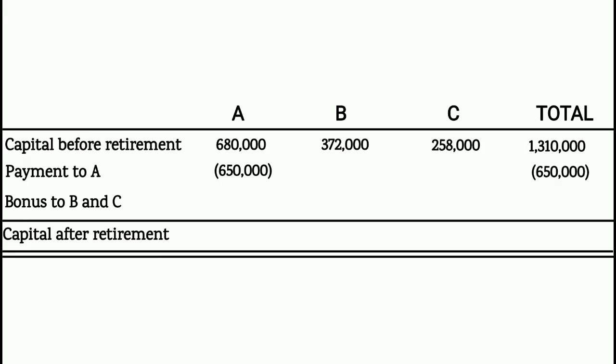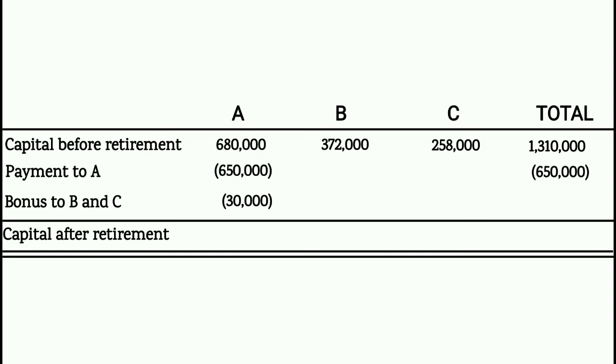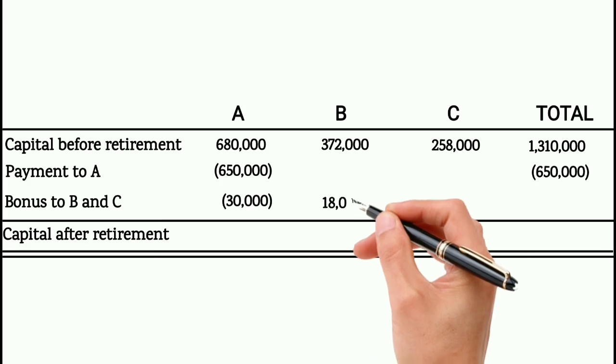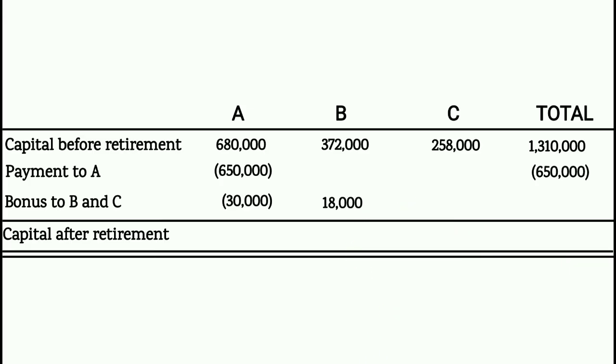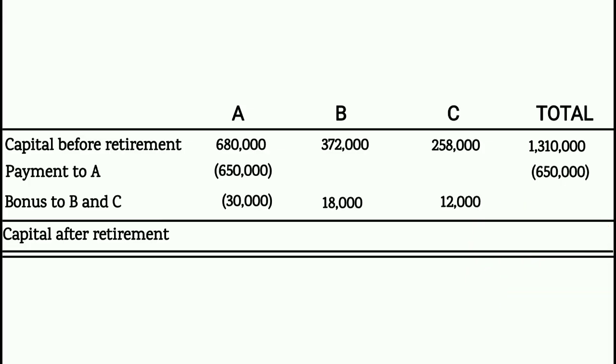May bonus to B and C, so i-deduct din natin yung 30,000 pesos sa capital ni A. Since credit natin yung 18,000 pesos kanina, i-add natin yan sa capital ni B. Credit din natin yung 12,000 pesos kanina, idadagdag natin yung 12,000 pesos sa capital ni C. At this point, pwede na nating makompute yung capital balances ng partners after retirement.